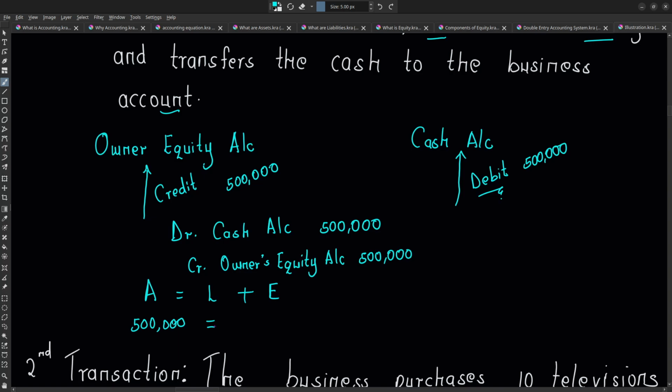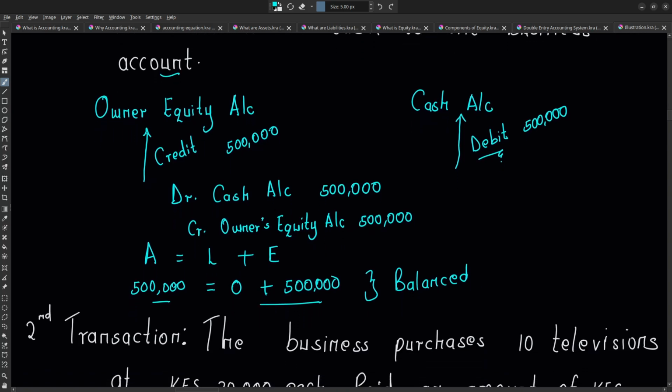And then the liabilities, we don't have any liability as of this point after this transaction. Then we have equity, which is 500,000. Okay, so basically 500,000 is equivalent to 500,000. So the equation is balanced. The equation is balanced. Okay, so let us look at the second transaction.